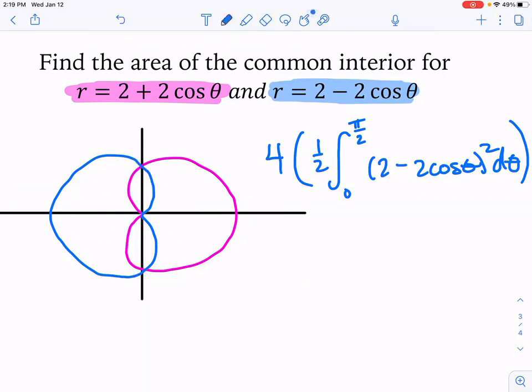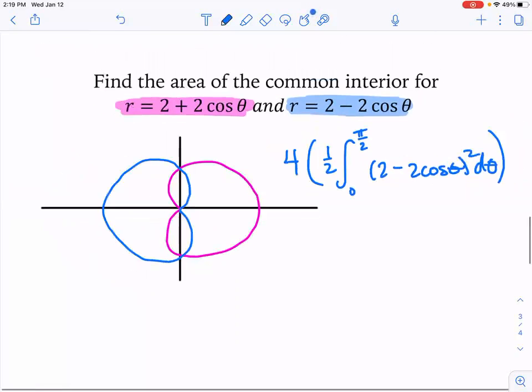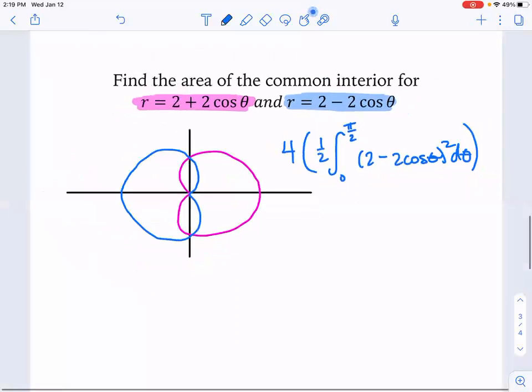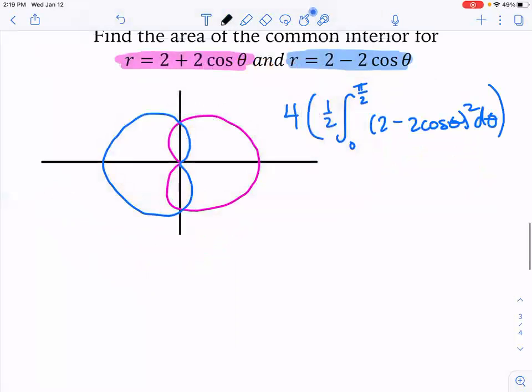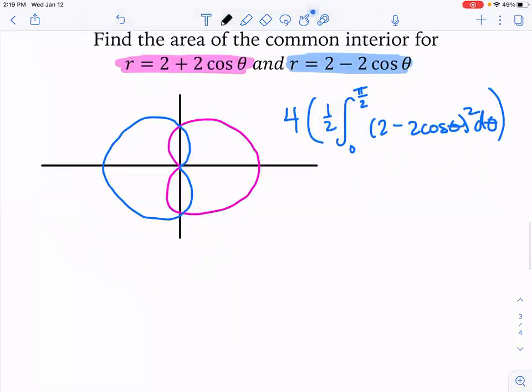All right, so now I have a question. What if I have the same graphs? So I guess we kind of have 3 examples to set up, but I want inside both. How do I want to say that?